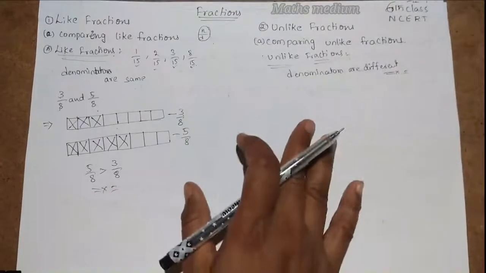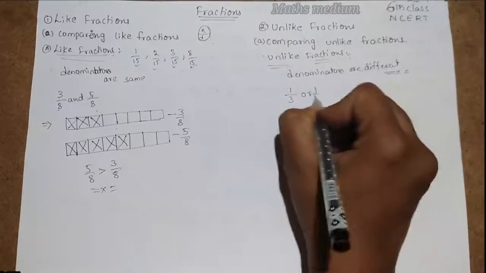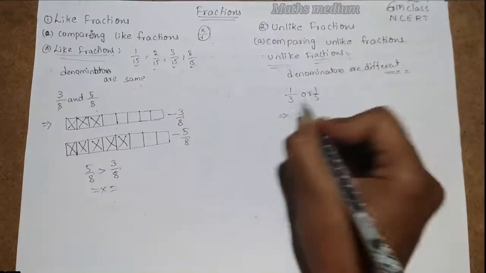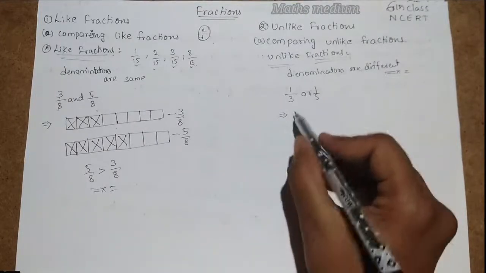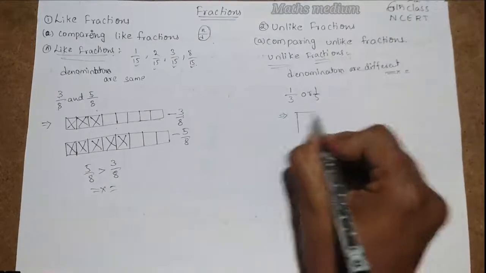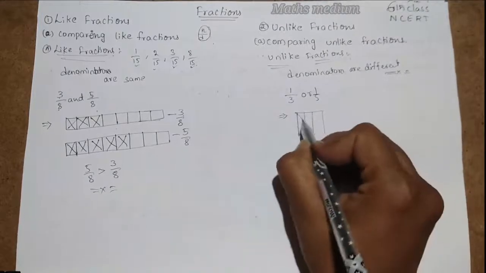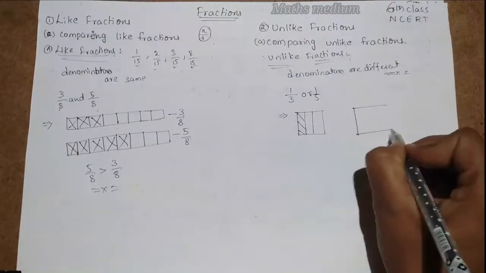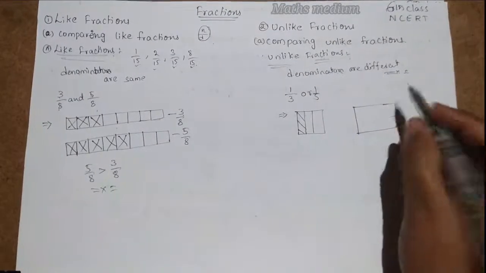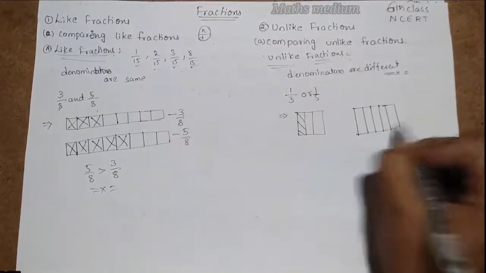Next, coming to unlike fractions, if you take 1 by 3 and 1 by 5, between these two we have to tell which is bigger. We make 3 equal parts, 1, 2, 3, and 1 is shaded. Here take 1 by 5: make 5 equal parts, 1, 2, 3, 4, 5.